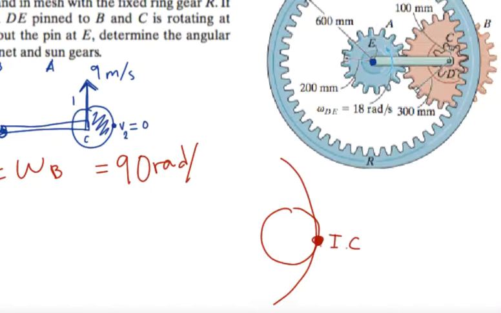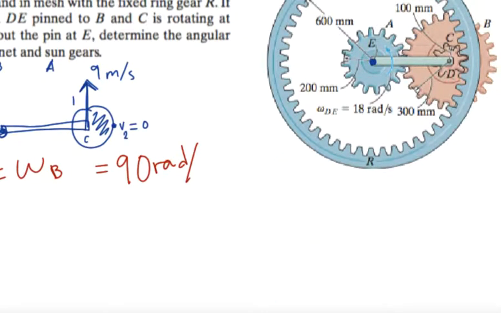Instead of having a center of the circle, that would be our new center. Then we could find the tangential velocity. The instantaneous center for gear C would be the same instantaneous center for gear B, since they both have the same angular velocity.